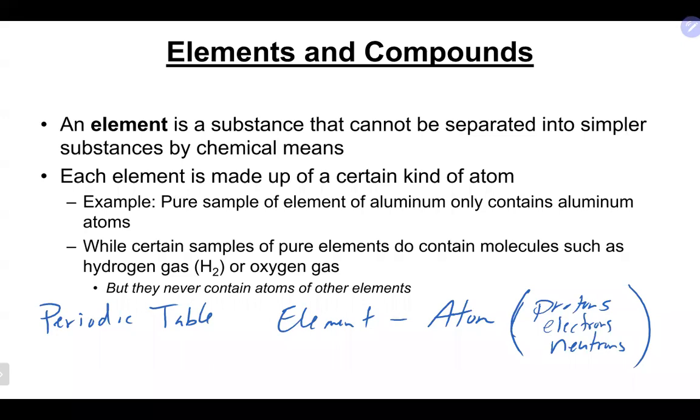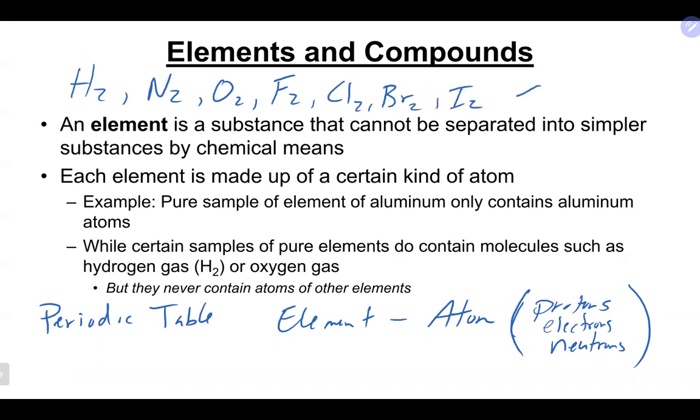So things like hydrogen, nitrogen, oxygen, fluorine, chlorine, bromine, iodine. These guys come as what are referred to as diatomic molecules. That is naturally how they come when they are by themselves and not combined with anything else.